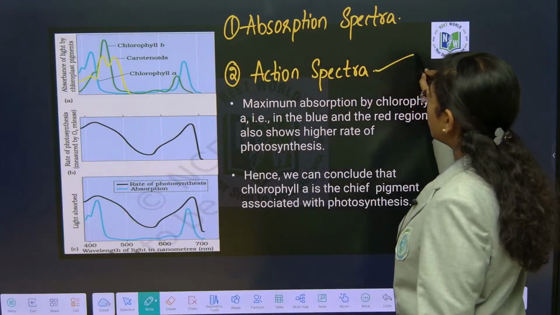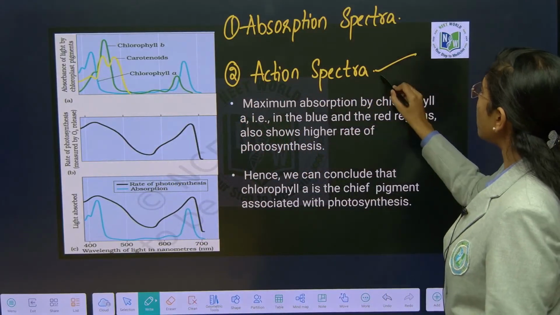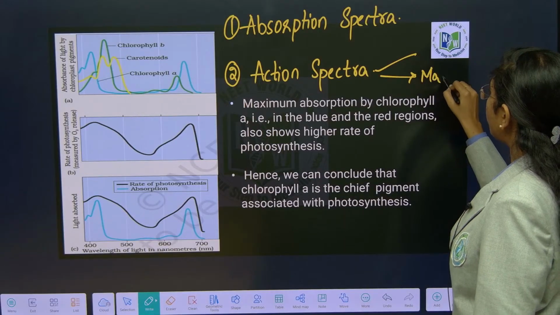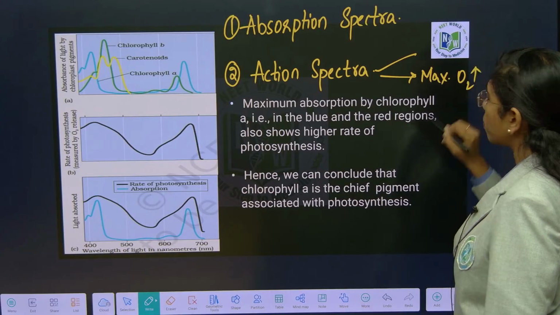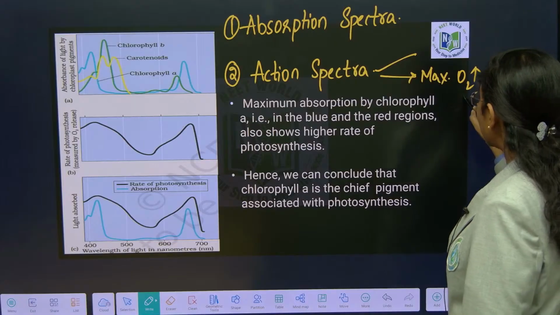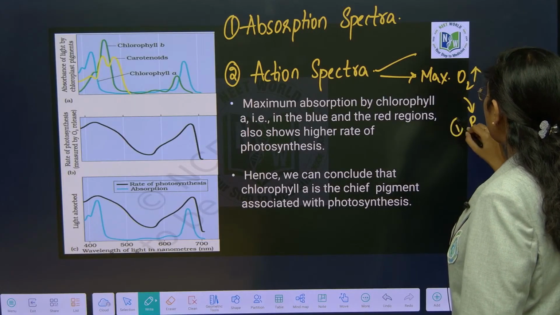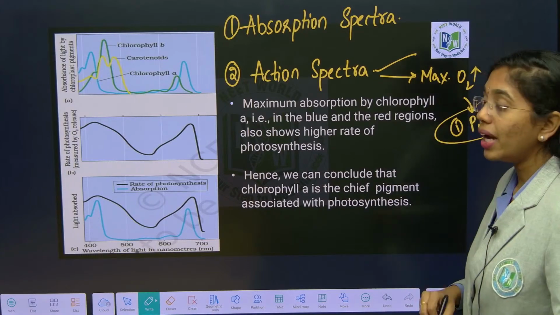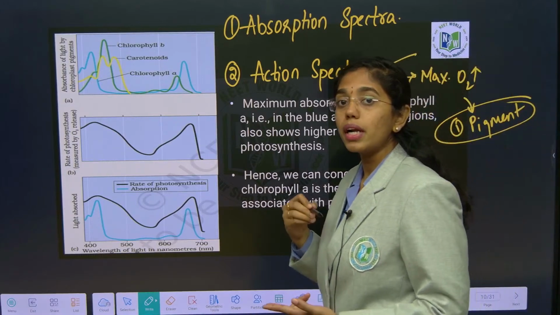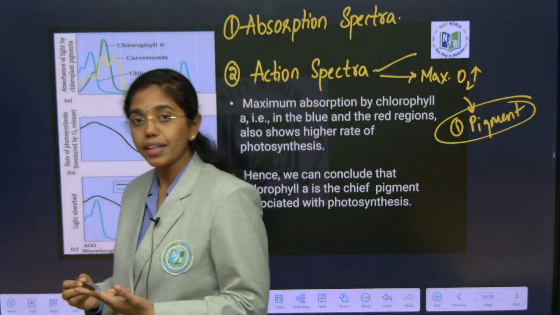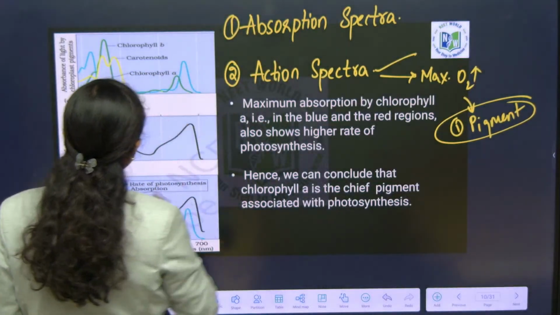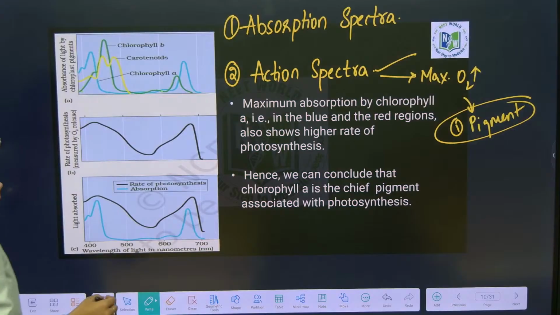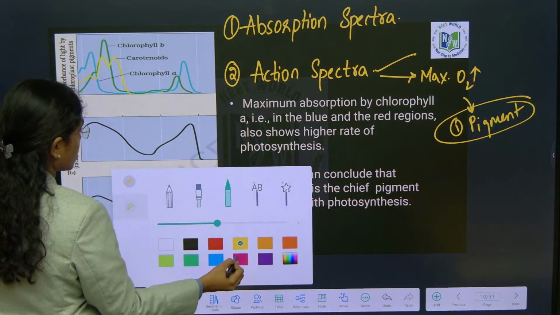Maximum amount of photosynthesis or maximum oxygen evolved by a single pigment is shown in what? Action spectra. Diverse pigments absorbing diverse wavelengths of light is depicted in what? Absorption spectra.